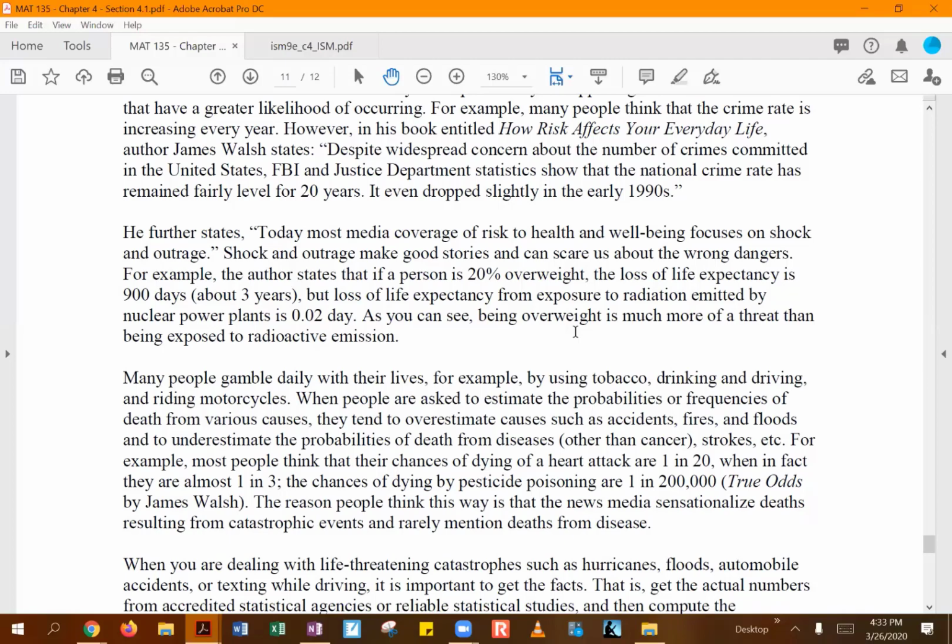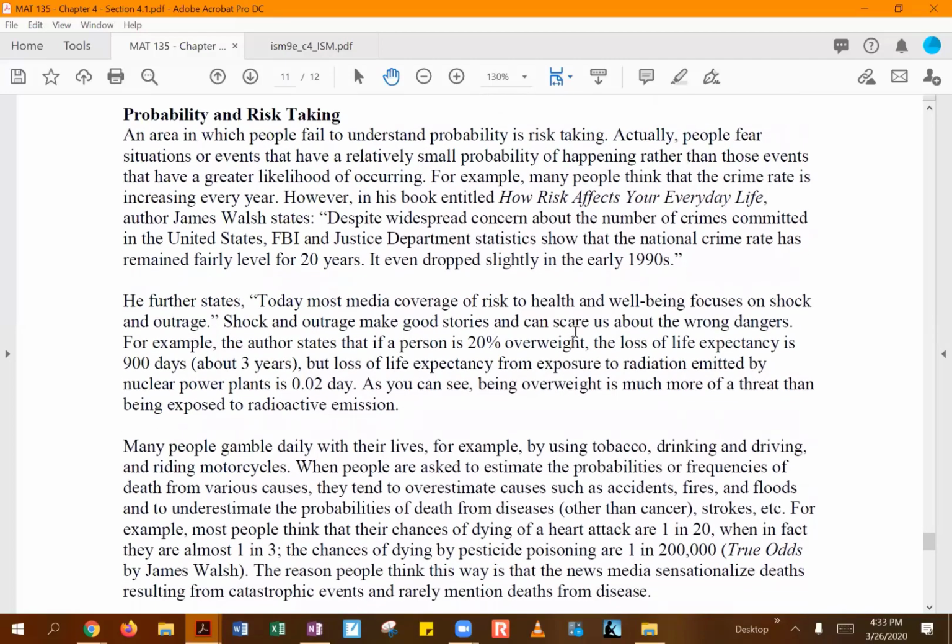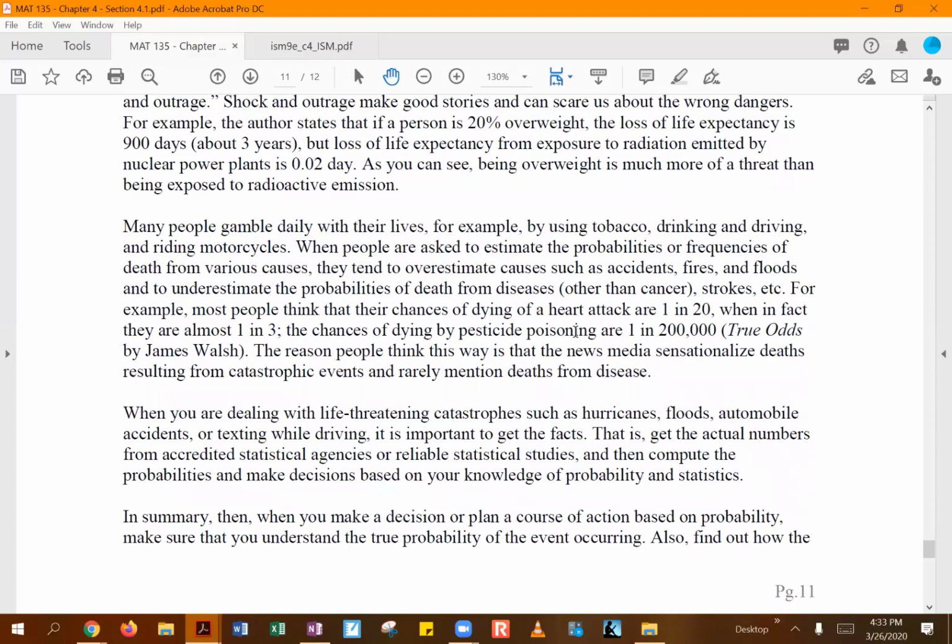So that's kind of what they're talking about in terms of how we look at probability and the risk factor that's involved with it. They're talking about people gambling their lives on a daily basis by using tobacco, or, you know, for that matter, any vaping product, by drinking, driving, riding motorcycles.